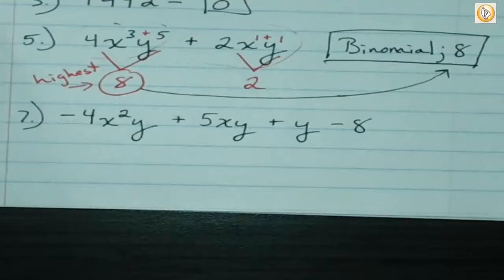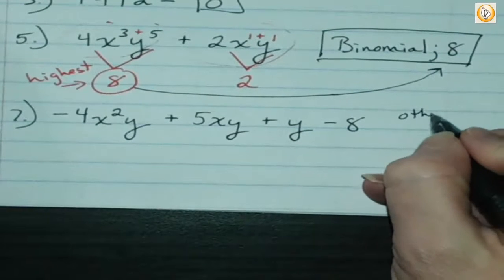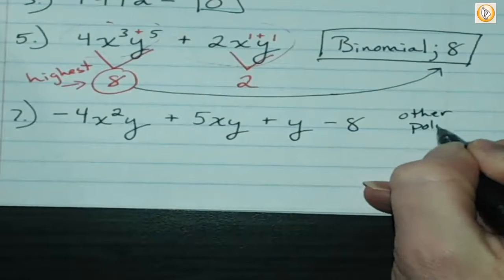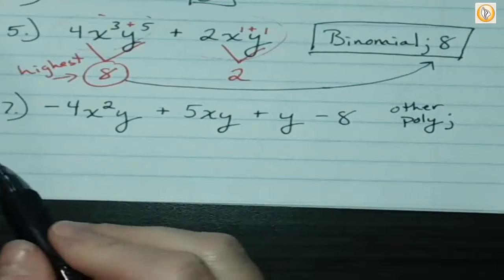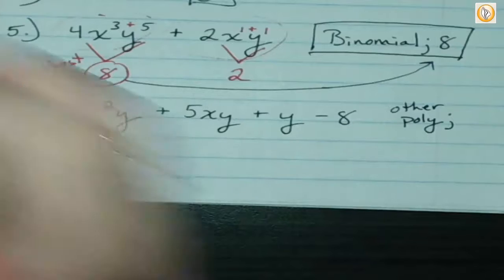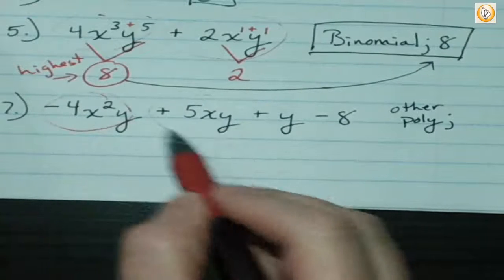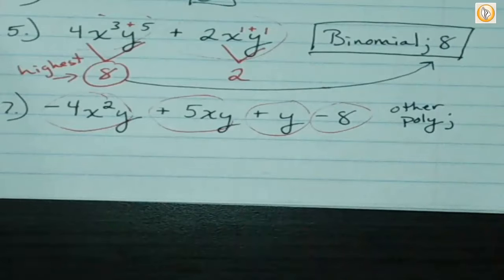So Michael, after you've written this down, you tell me what kind of polynomial is it? It is an other polynomial. It's other because how many terms are there, Michael? 4. That's right, there's 4. 1, 2, 3, 4. So it's other polynomial.